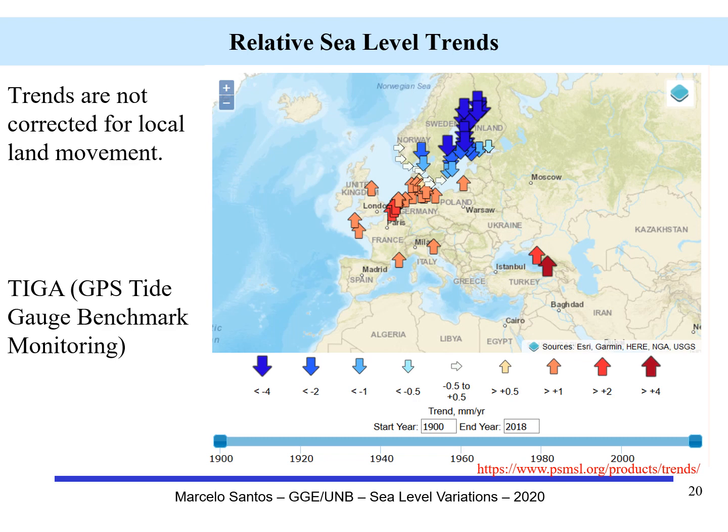This figure from the Permanent Service for Mean Sea Level, PSMSL, shows the linear trend of tide gauges in Europe. Blue arrows indicate negative linear trend and red arrows positive linear trend. The trends are not corrected for land movement.